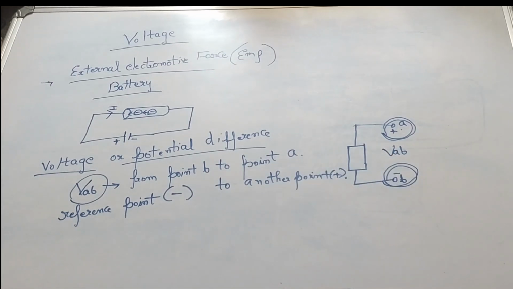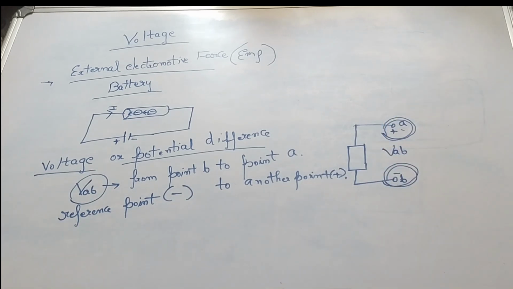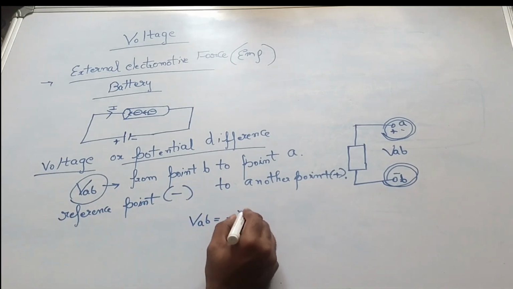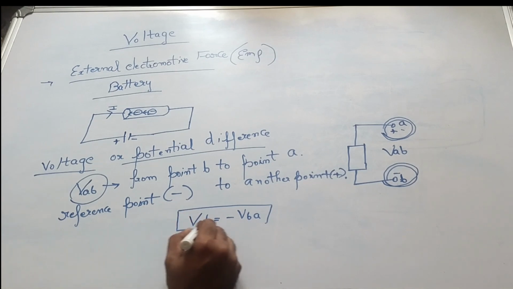We can say point A is at potential VAB higher than point B, or the potential at A with respect to B is VAB, and VAB is equal to minus VBA.